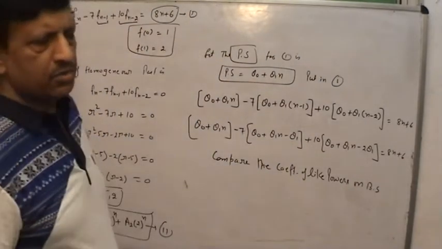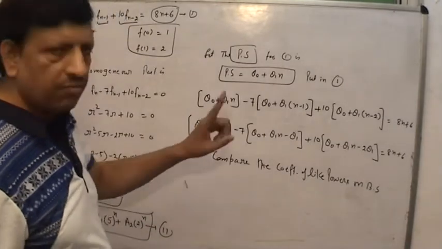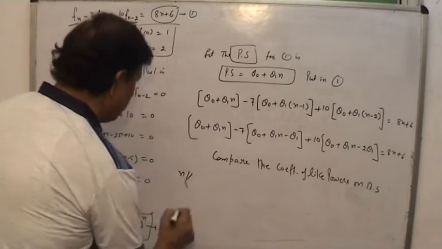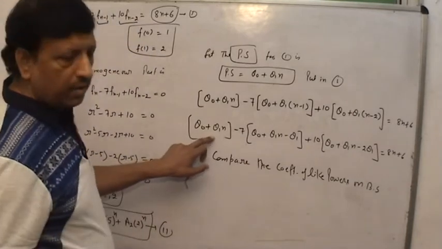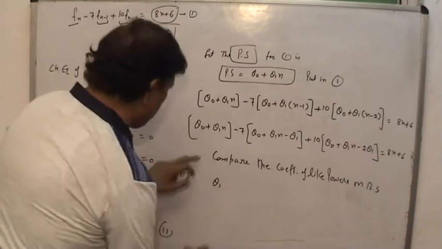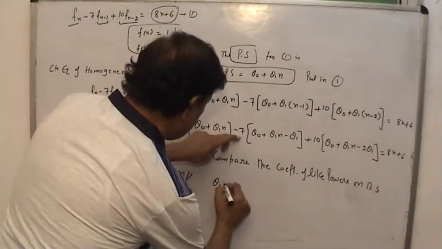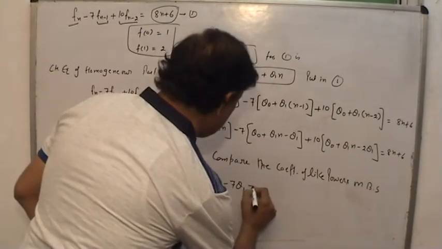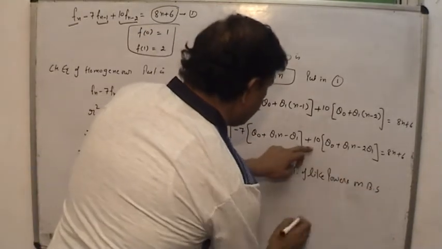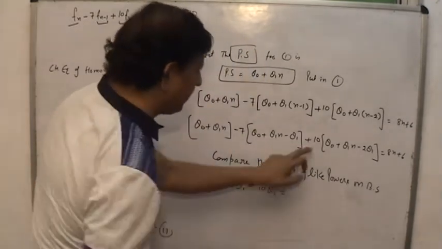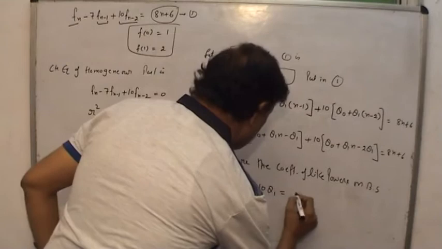We see here is only one power, n contains 1. Say we compare for n. Here find the terms which contains n. It is Q1 minus 7 times Q1 plus 10 times Q1 is equal to 8.